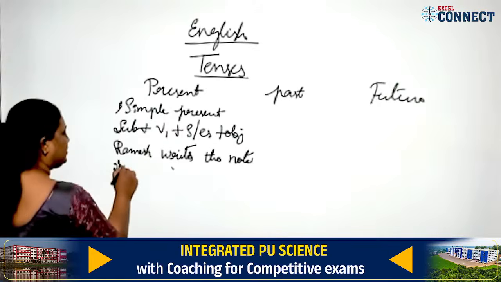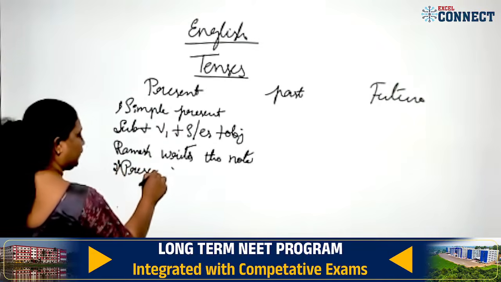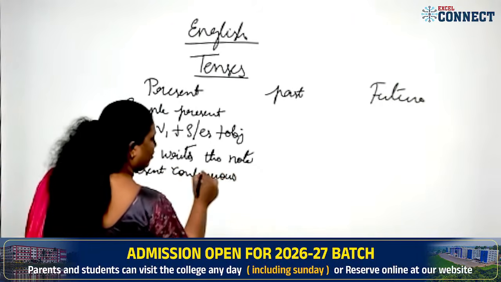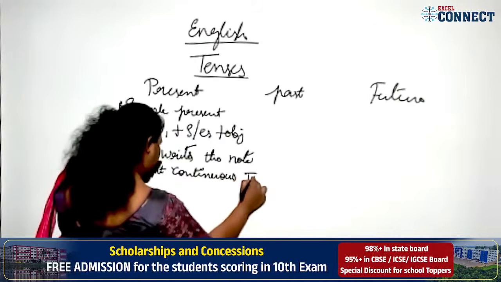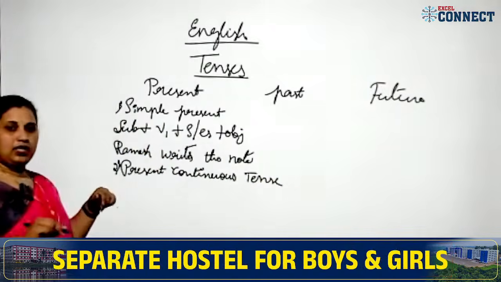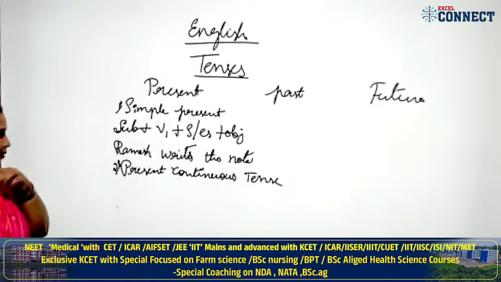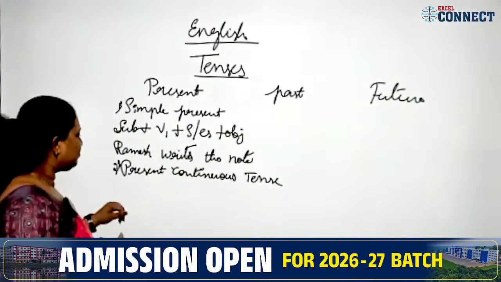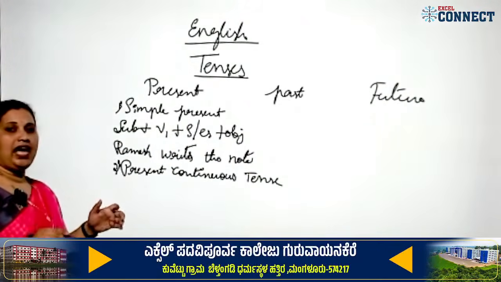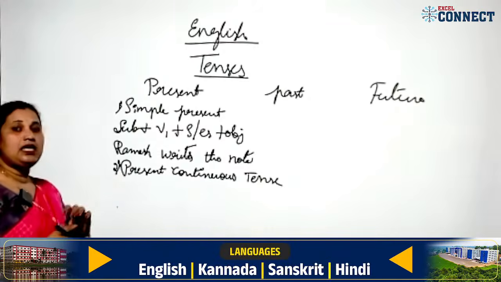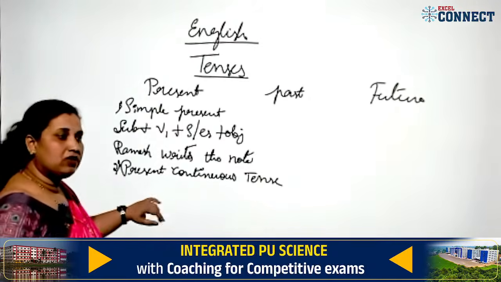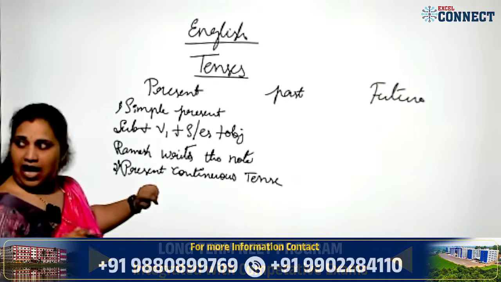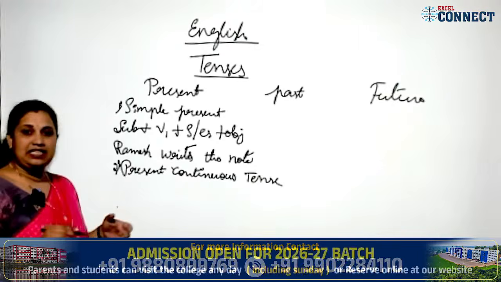And the second one is present continuous tense. This is the action which is going on. The present itself, as I said, is the action going on now; the action has already started and there is a continuation in the action. That is present continuous tense.